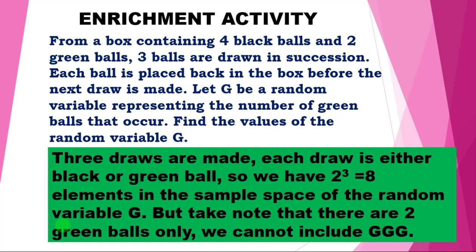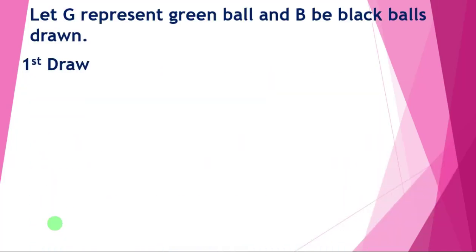So this is the notation in this given problem. Let capital G represent the green ball and capital B represent the black ball drawn, for the first draw, the second draw, and the third draw.